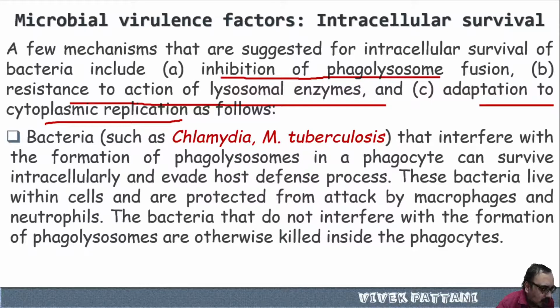These bacteria live within the cells and are protected by the macrophages and neutrophils, whereas other bacteria do not interfere with the formation of phagosomes and are killed inside the phagocytes. So these bacteria can interfere with the formation of a phagolysosome.